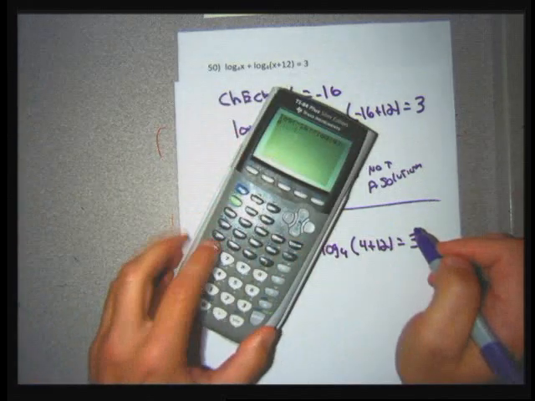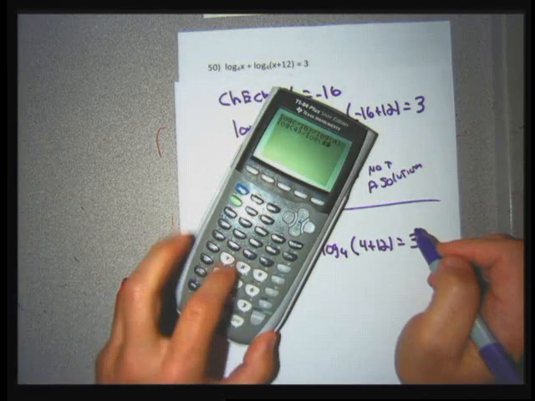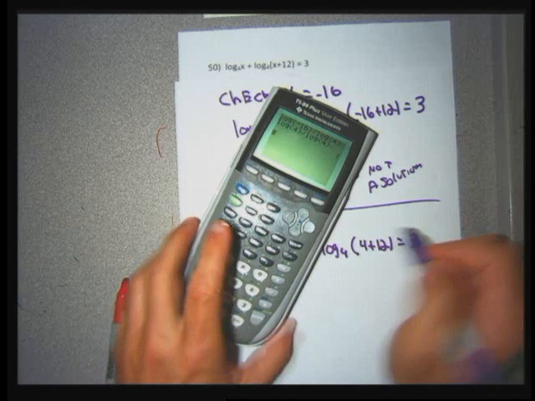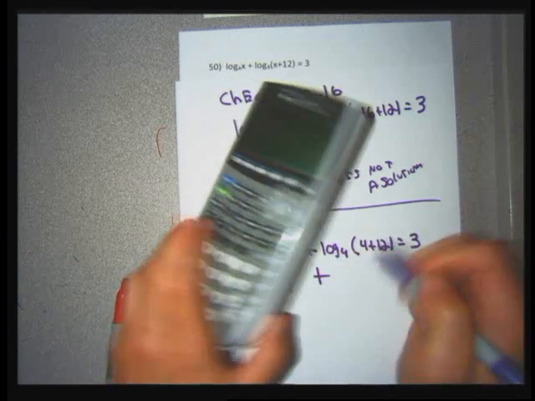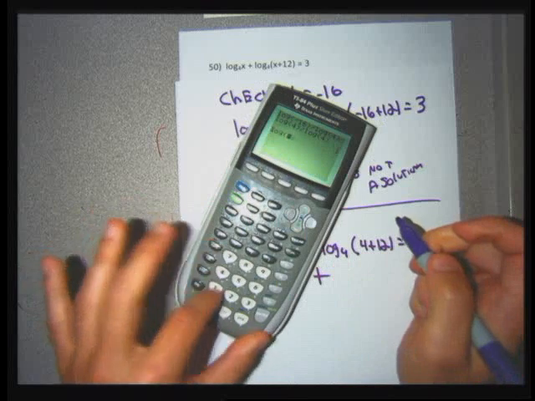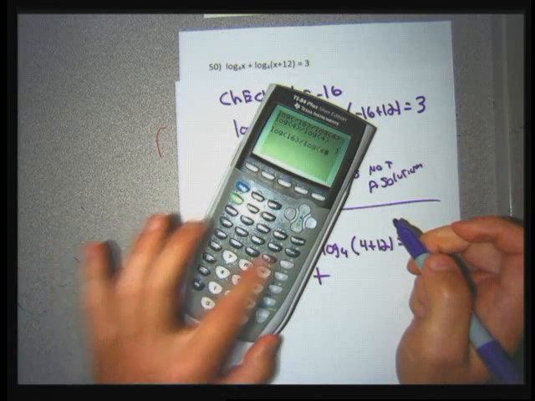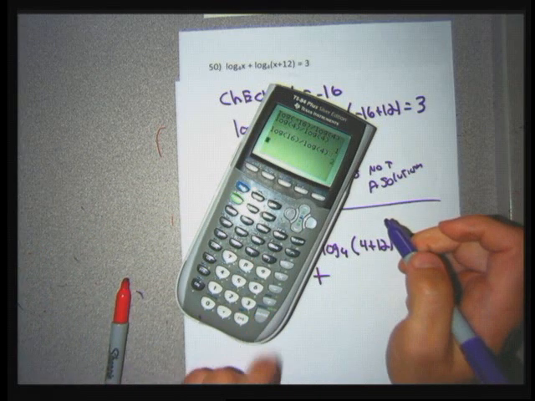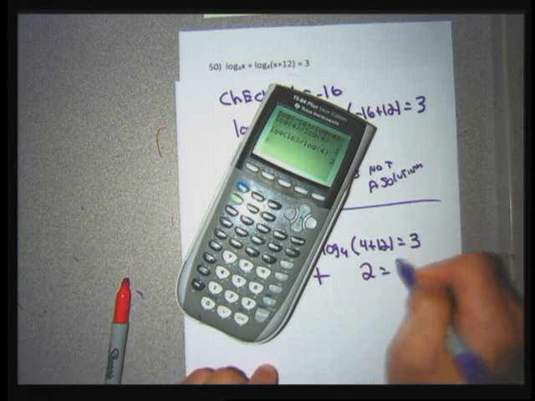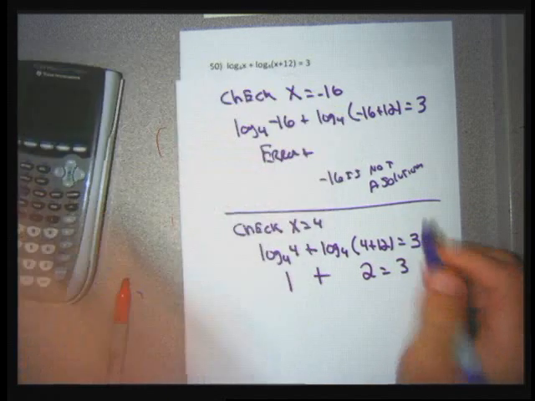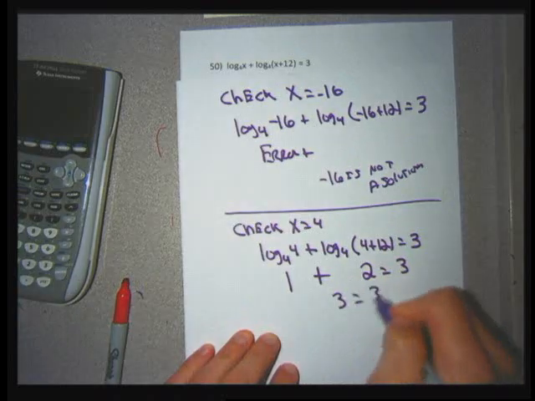So log of 4 divided by log of 4, I get 1. This one, log of 16 divided by log of 4, I get 2. And because 1 plus 2 equals 3, 4 is a solution.